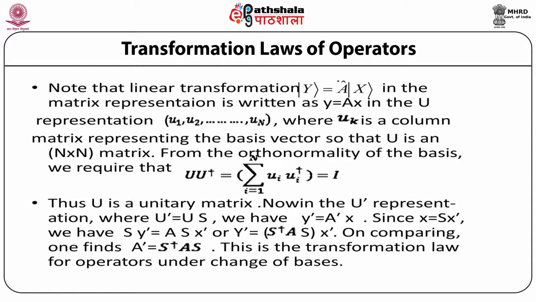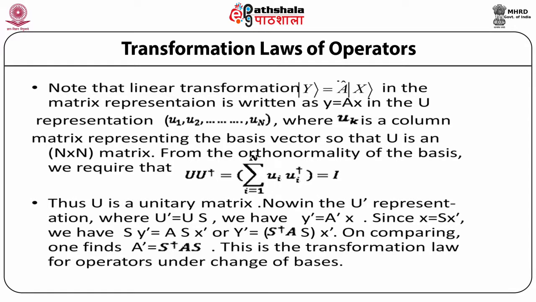In the U representation, where U is the set of vectors u1, u2 and so on till un, where n is the dimension of the space, and where uk is a column matrix representing the basis vector, U is an n cross n matrix.